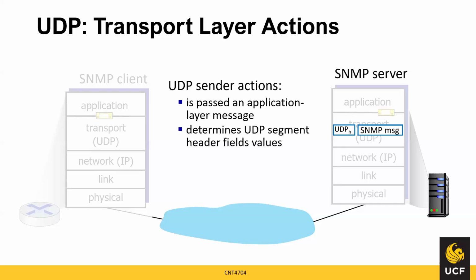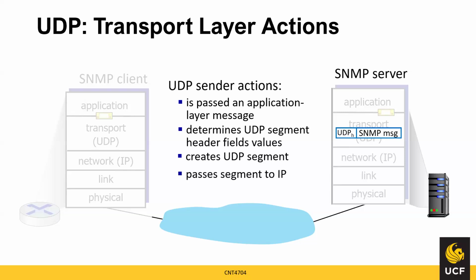Then it creates the UDP segment by attaching the header to the application data. Then it creates this segment that we have showed, detailing what the body consists of. And then finally, this is passed to the IP layer to deliver across the network.